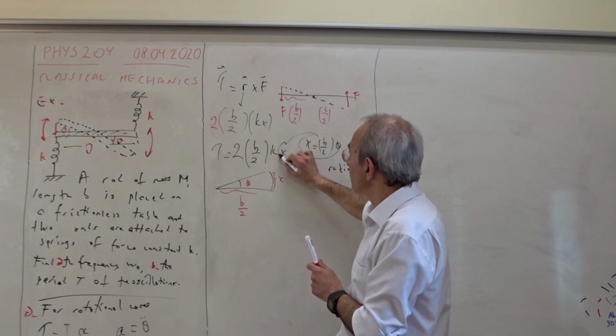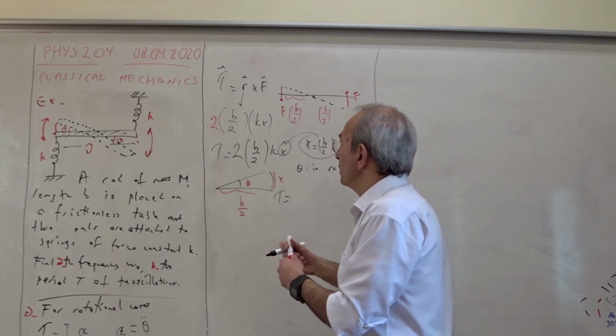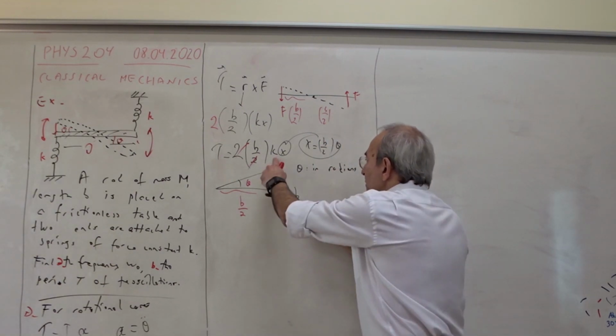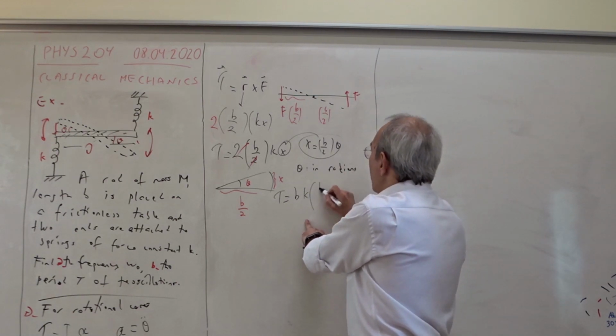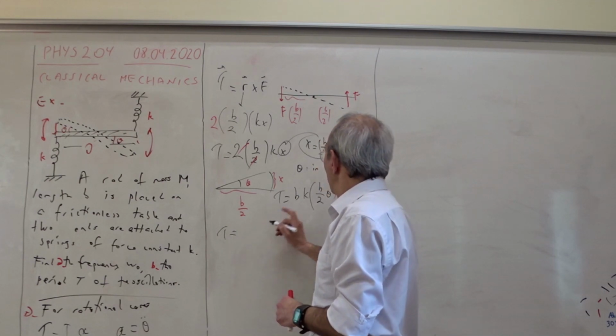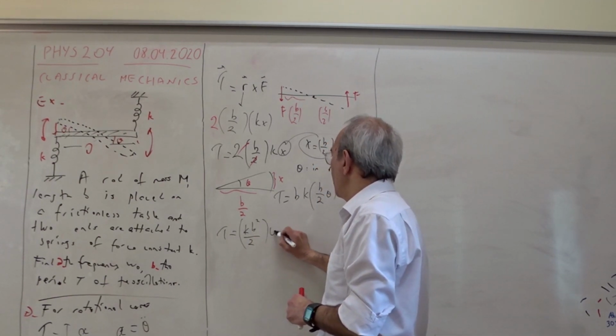We put this X here and then we obtain the torque. These two will cancel. So we have B times force constant K times X, but X is B over 2 and theta. Therefore, torque is K times B squared over 2 and angle theta.